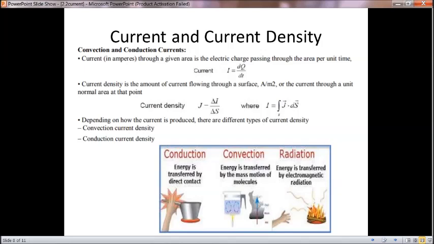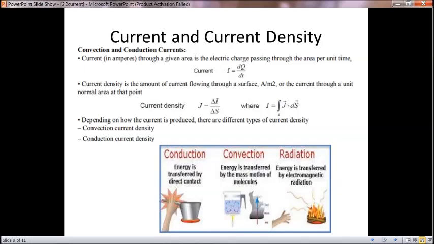Conduction means energy is transferred by direct contact. Here I have given examples for conduction current, convection current, and how radiation is occurring. Conduction current means the energy is transferred with direct contact, with electrons and holes moving in possible ways.